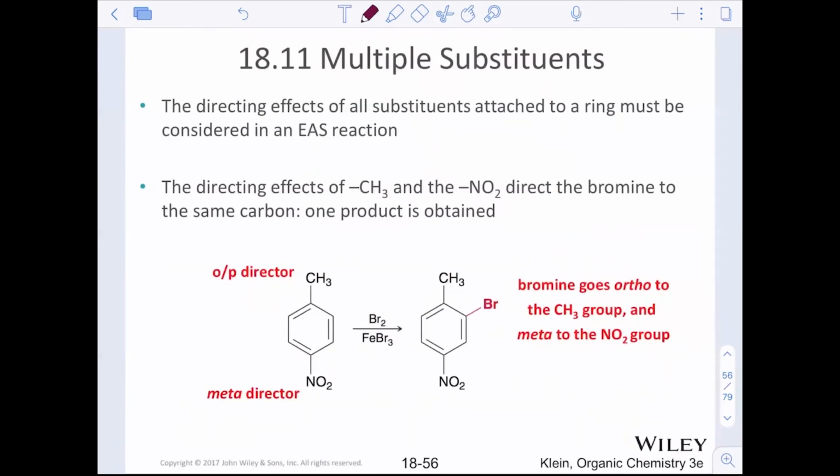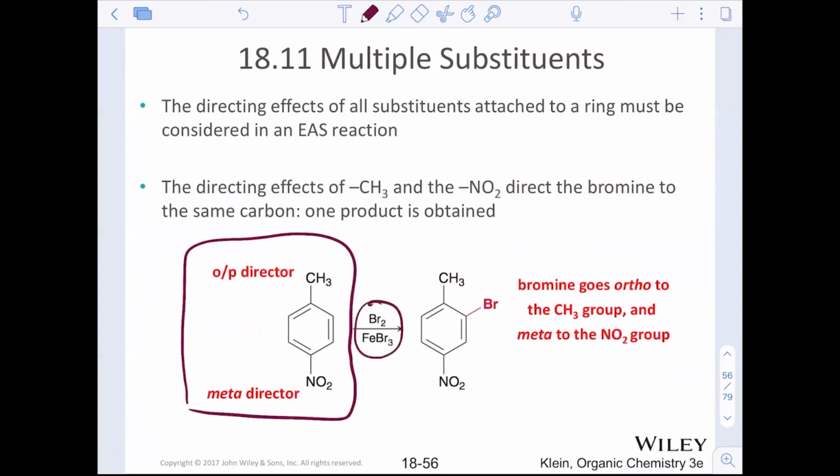Now, utilizing multiple substituents, when we think about already having 2 groups, what happens when we want to add a third? The directing effect of all the substituents of the reactant will influence the regioselectivity of the reagents, okay? So the reagents tell us what we add.